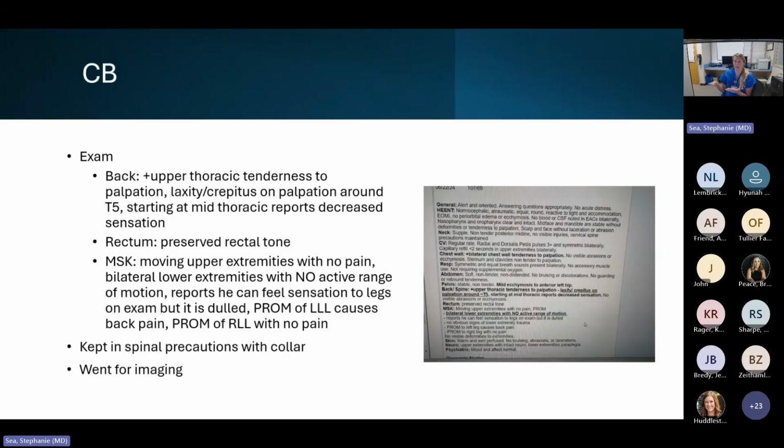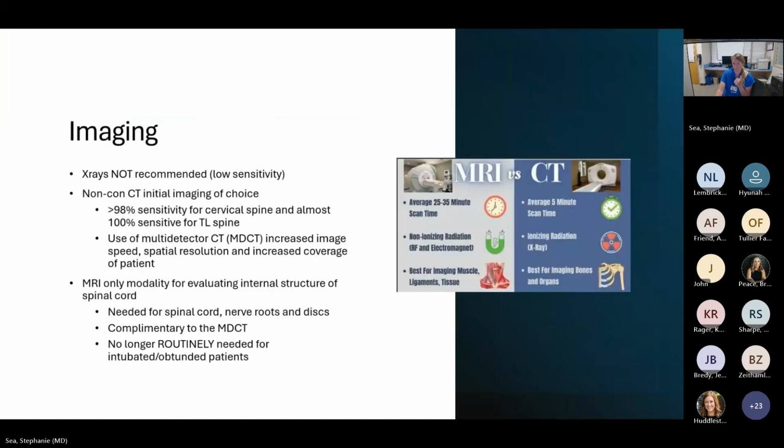He had clearly no active range of motion to bilateral lower extremities. So he was kept in strict spinal precautions with a cervical collar, because again, bad distracting injury, we know 2 injuries can happen along the spinal column. He was appropriately log rolled and sent for imaging.